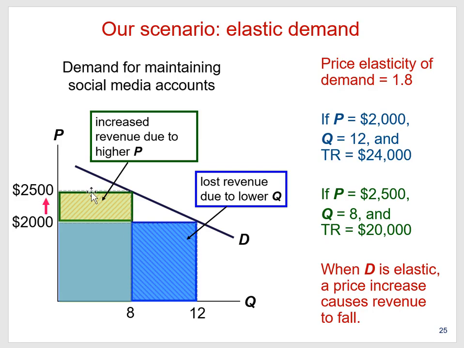This rectangle is smaller than this rectangle, and when we moved from 2,000 to $2,500, we lost this large revenue, while gaining a very small revenue increase. So the difference between the 2 is the net gain or loss. Clearly we lost more than we gained, so there's a negative net gain in revenue.